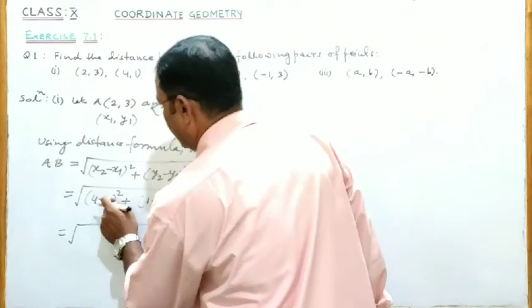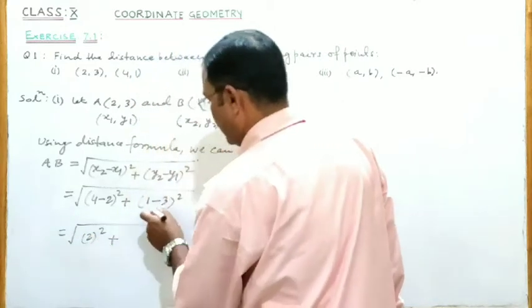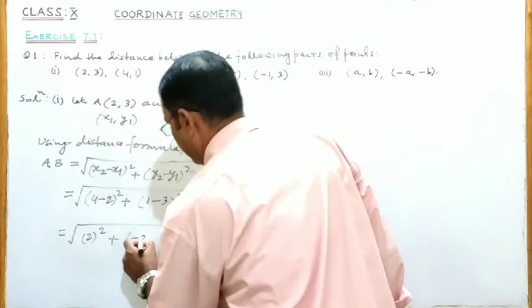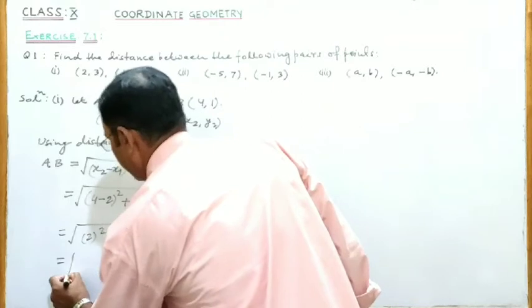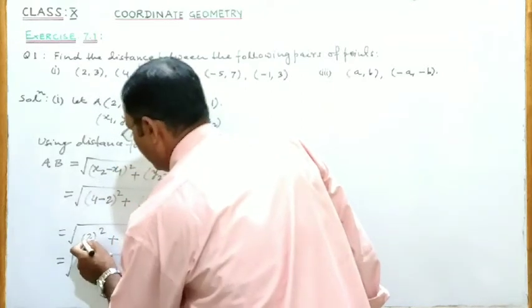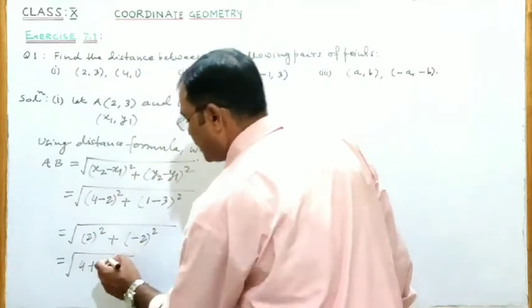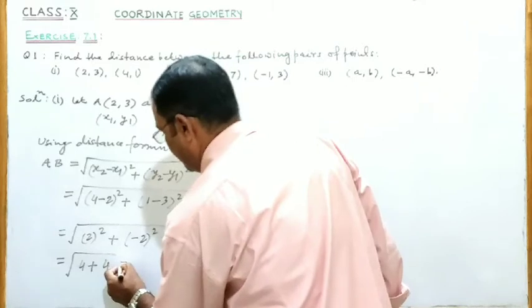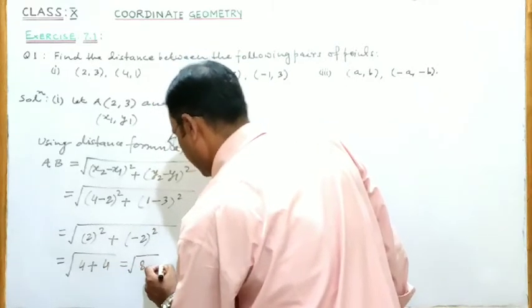under root (4 minus 2) square plus (1 minus 3) whole square means (minus 2) whole square. This is under root 2 square 4 plus (minus 2) whole square also 4. 4 plus 4, 8, under root 8.